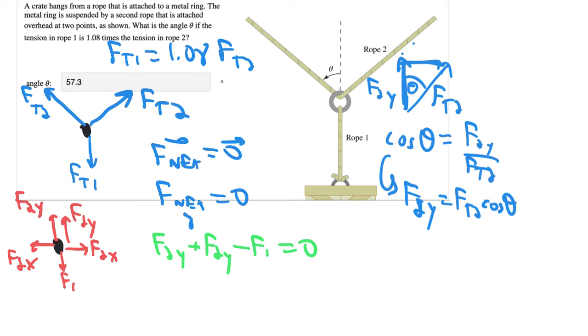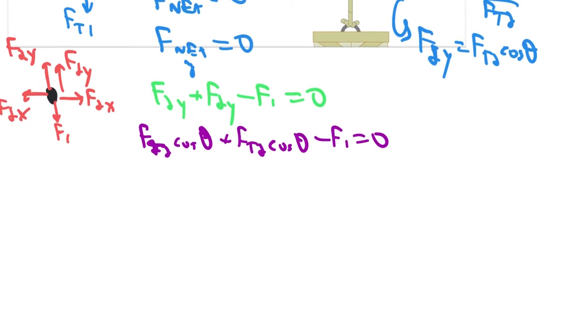We can go back into the other equation then, and we'll have something like FT2 cos theta plus FT2 cos theta minus F1 equals 0. Let's see if we can create some space for ourselves.